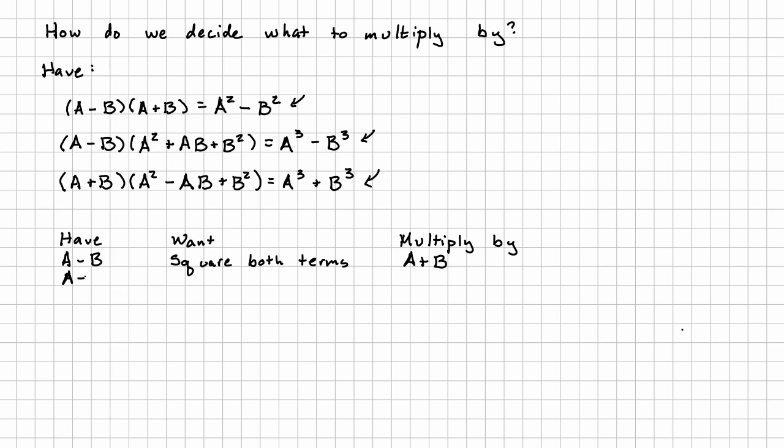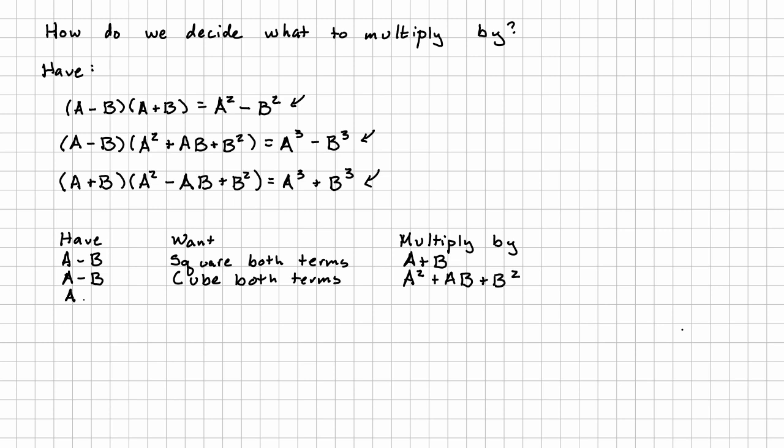If we have a minus b, and we want to cube both terms, well, then we'll want to get a cubed minus b cubed. So we'll multiply by a squared plus ab plus b squared.